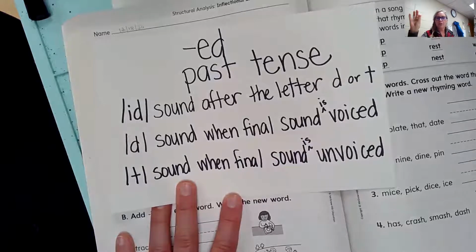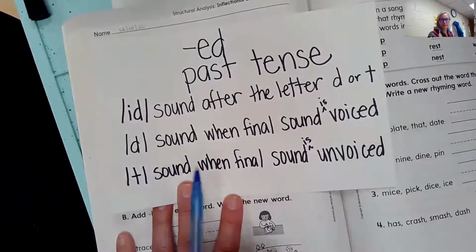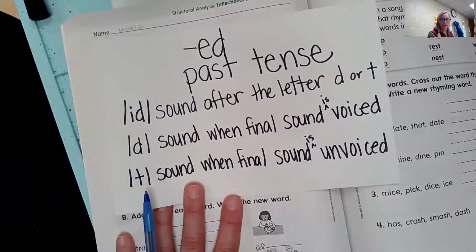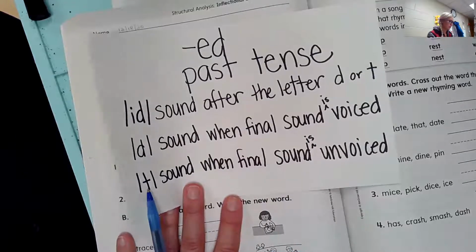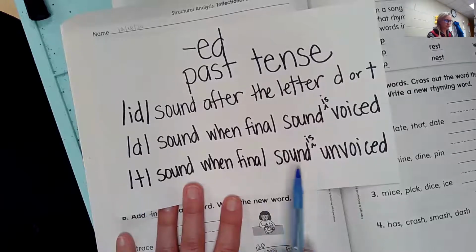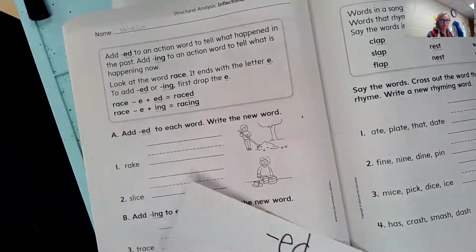Remember the V sound, that's our voiced sound, and we have an unvoiced one. If we have a voiced sound at the end, it sounds like id, or it sounds like d. If we have an unvoiced sound at the end, it sounds like t. Today, most of our words are going to sound like t because the sound at the end is unvoiced.